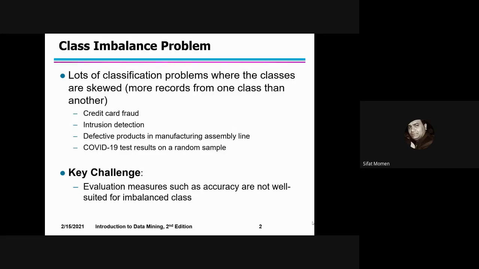There are a lot of classification problems where the classes are very, very skewed. One particular class level is very high and another class level is very low, okay? Examples include credit card fraud. Credit card fraud is an interesting example.